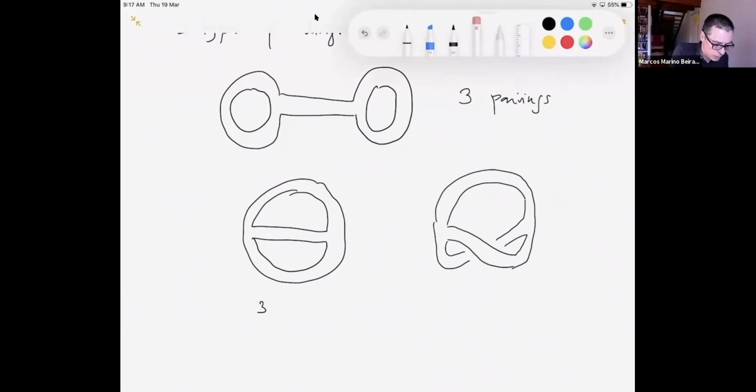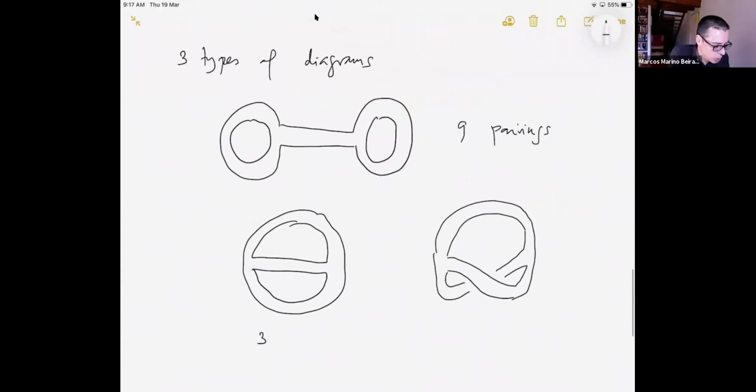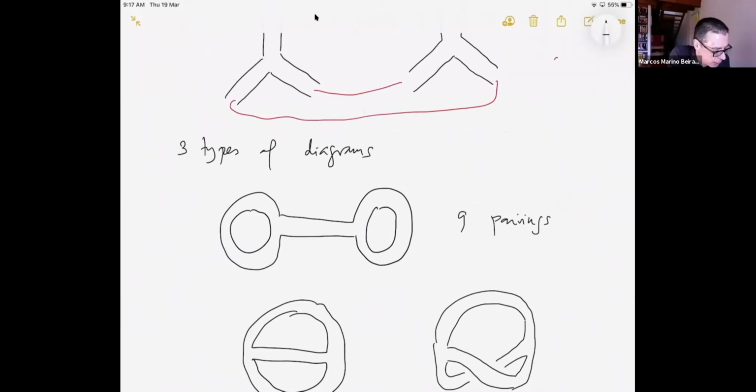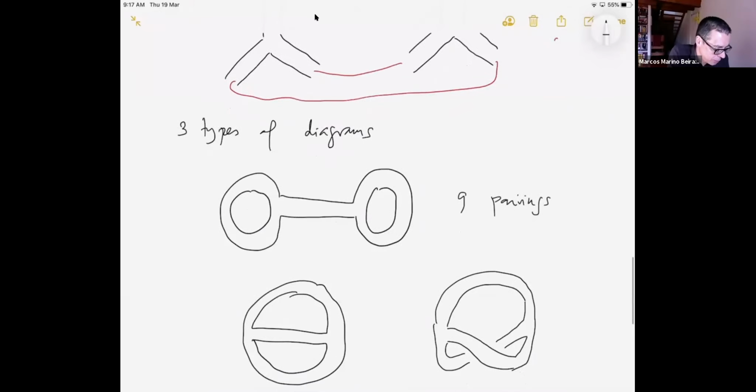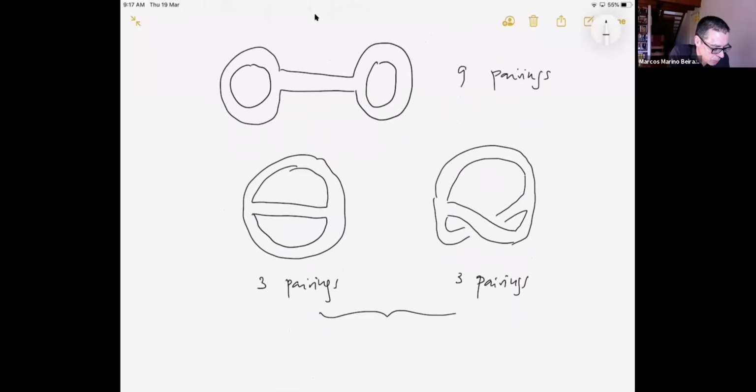So let me just correct this. This was 9, because we have to join one line of one vertex with one line of another vertex. So there are 3 choices for this line, 3 choices for this line. This gives me 9. And this gives me 3 pairings and 3 pairings. Notice that both of them have to add to 6 pairings, which is 3 factorial. So this is what you expect from a diagram like this.